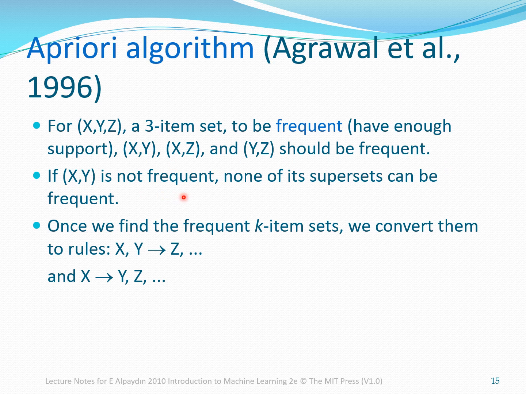If XY is not frequent, none of its supersets can be frequent. Once we find the frequent k-item sets, we convert them to rules: X, Y tends to Z, and so on, and X tends to Y, Z, and so on. Thank you.